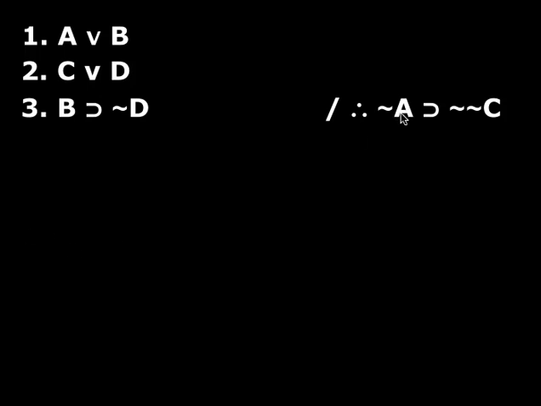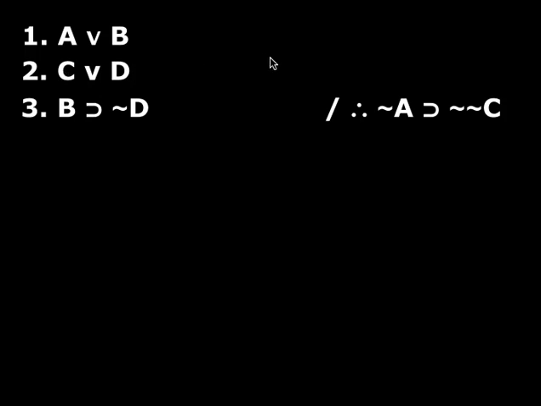If I assumed not A, how could I get not C? Well, if you assumed not A, then I could get B by disjunctive syllogism, not D by modus ponens, C by disjunctive syllogism, and then double negation not C. And then you'd have your conditional, if not A, then not C.